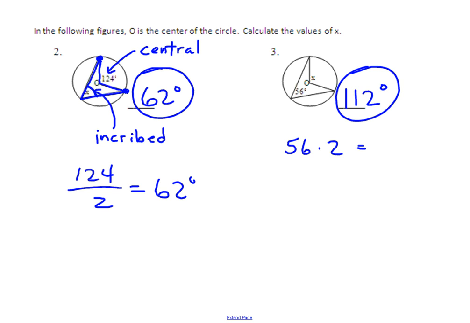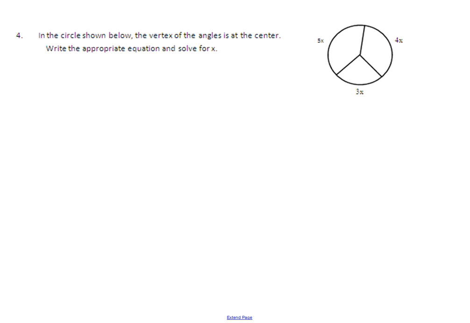Then the last one, in the circle shown, it says below to the right, the vertex of the angles is at the center. Write up an appropriate equation and solve for X. Well, these arcs have measures. These measures are in degrees.